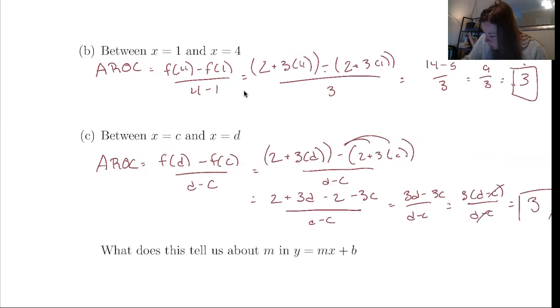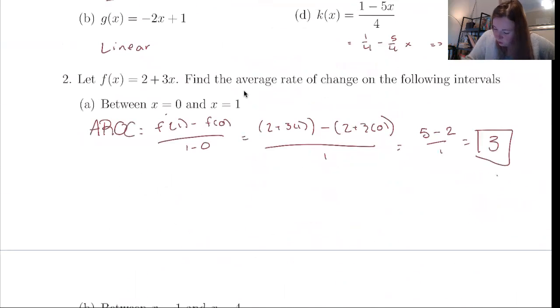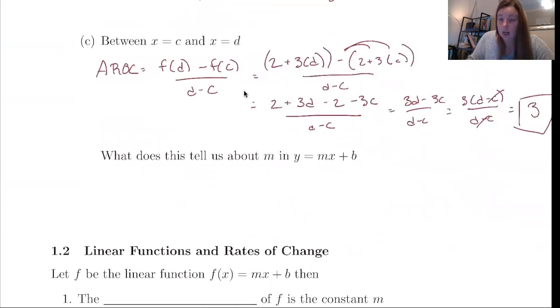So I didn't even know the difference between C and D, but I can just show right there that I still get 3 out, which is pretty crazy. So what is this? Remember, our function is f of x equals 2 plus 3x. I'm getting 3 each time.